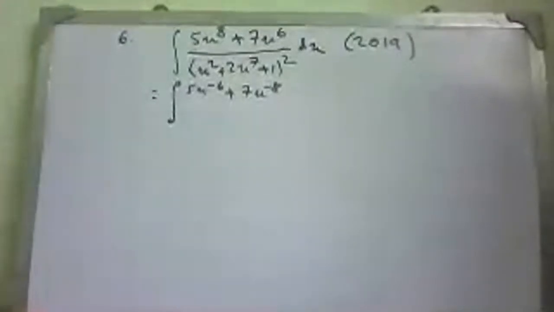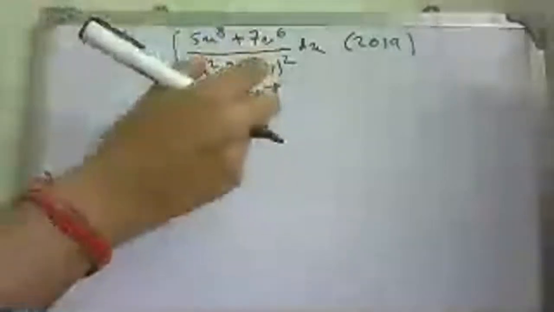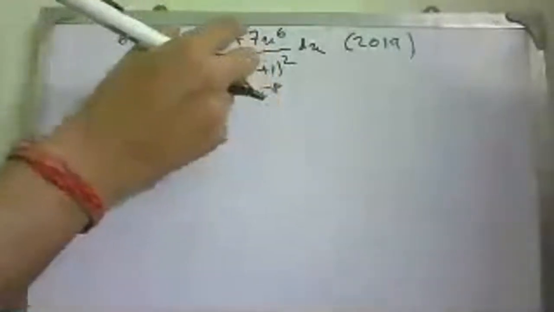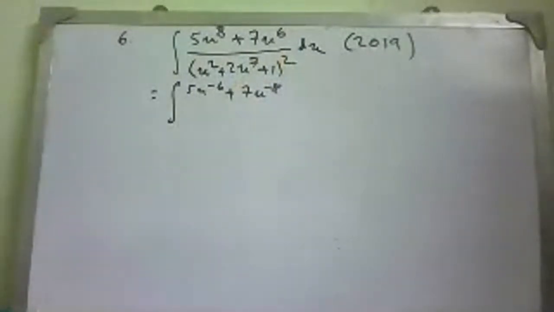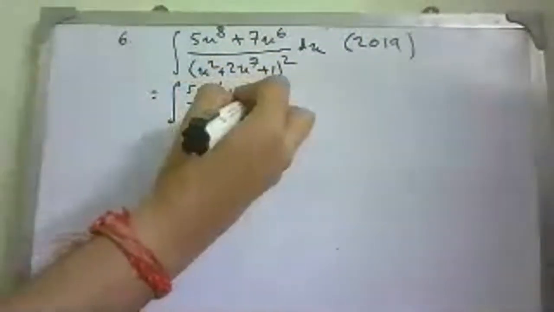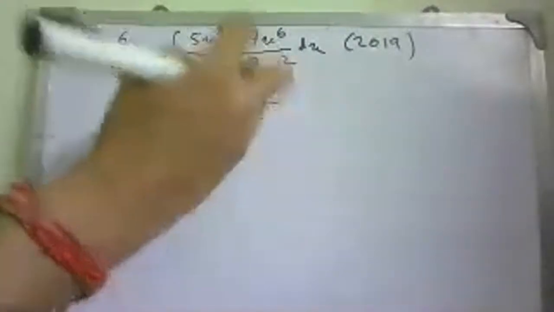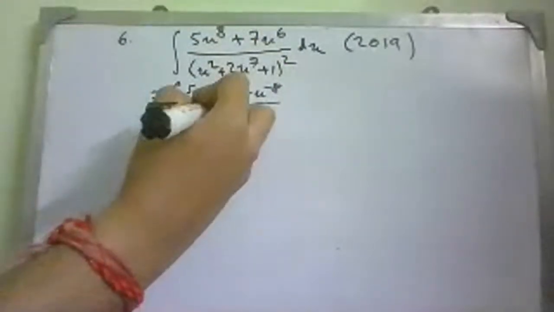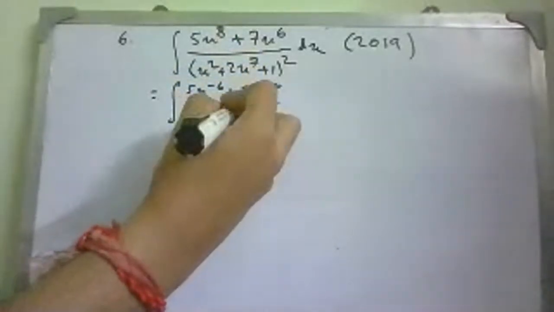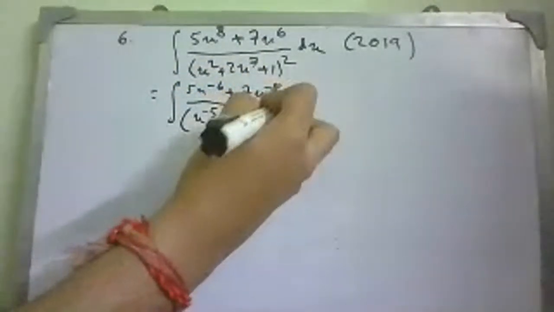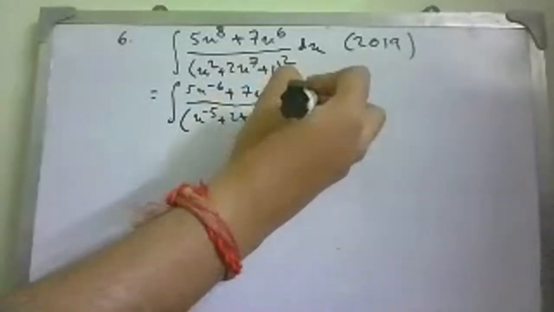The basic idea of doing this is that we need to take this as t and frame the numerator such that it appears as dt. That's the basic idea. If we divide by x to the power 14 in the denominator, we'll get x to the power minus 5 plus 2 plus x to the power minus 7.